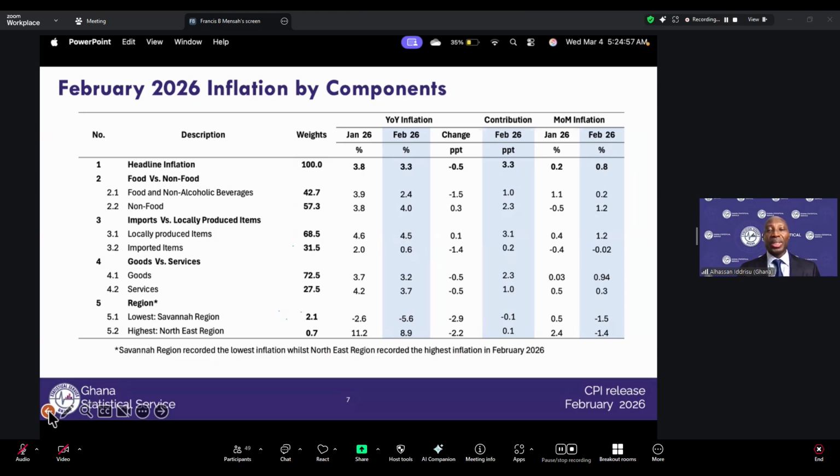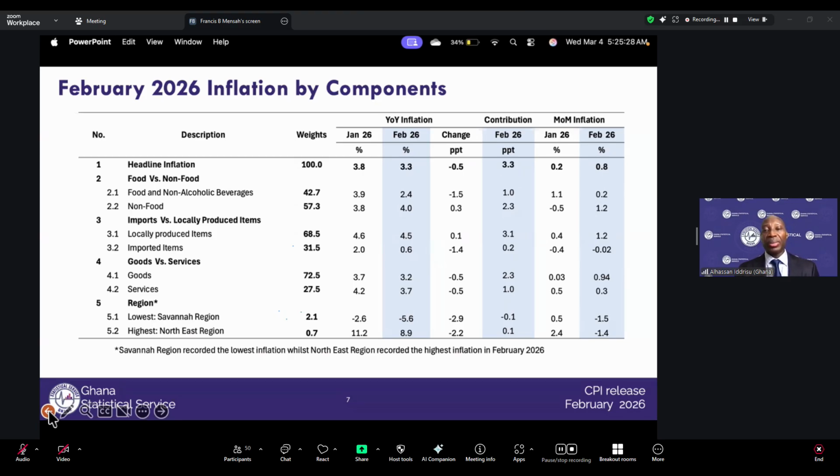So what is happening in there? If you take the Northeast, which has recorded 8.9% year on year, but on month, we see a decline in prices. It means that the short-term momentum of price changes is manageable or has reduced in the Northeast region, even though on year-on-year basis, which is long-term, it is registering the highest inflation.